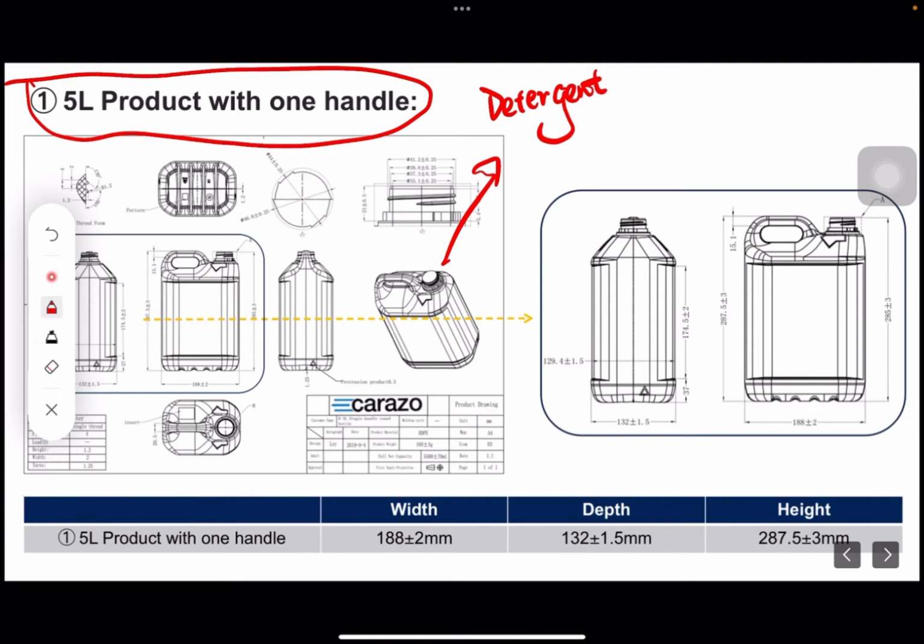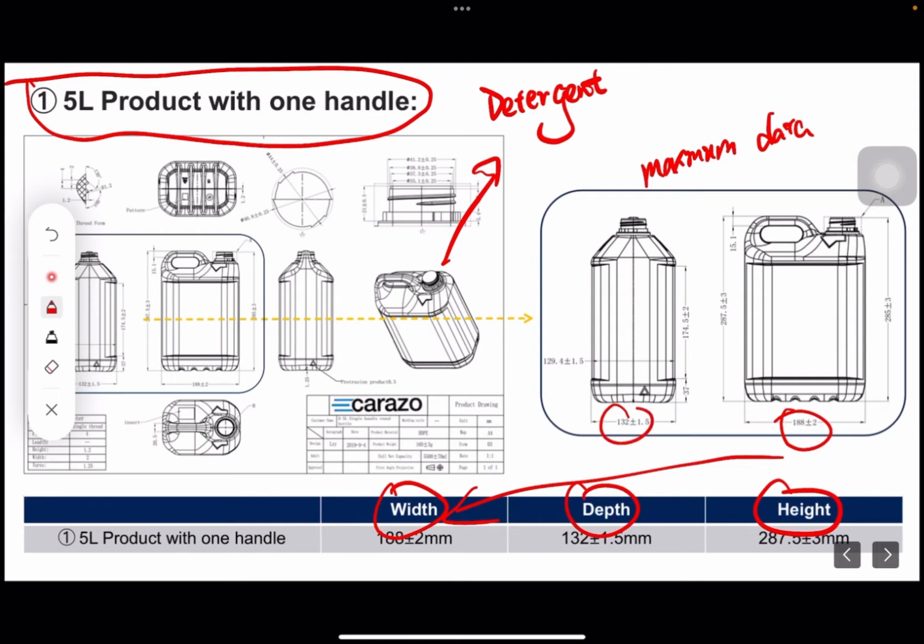So when we measure its dimensions, we need all maximum data. So make sure the width, the depth, and the height are all the maximum value of the product, as you can see here. 1AA, 132, and the height, which one?